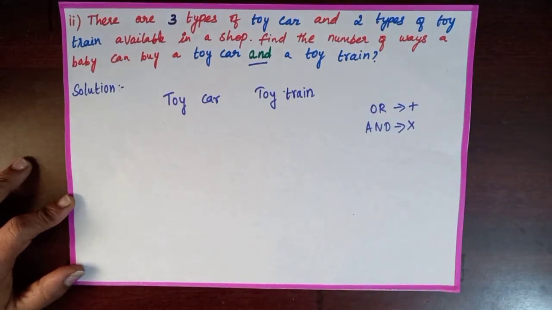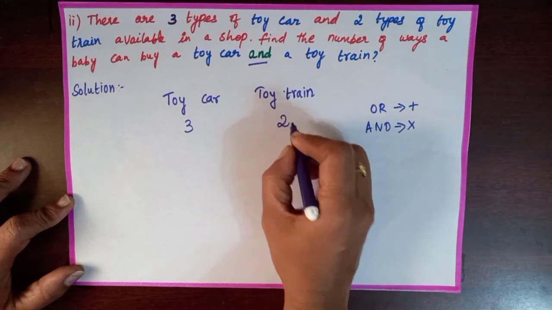Number of ways of buying a toy car from 3 types of car is 3. Number of ways of buying a toy train from 2 types of train is 2.